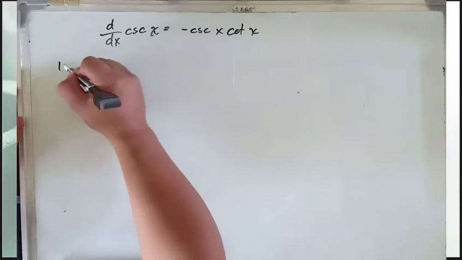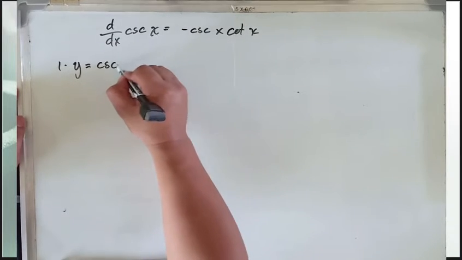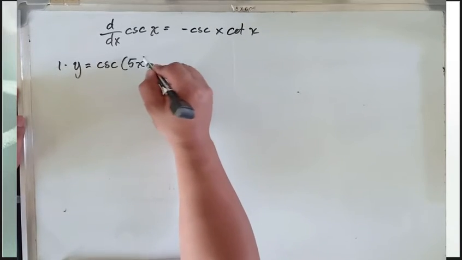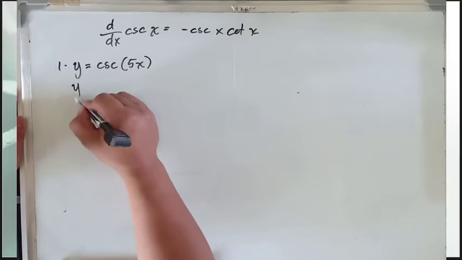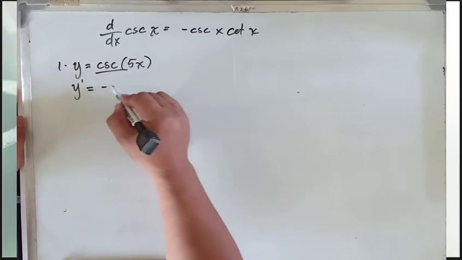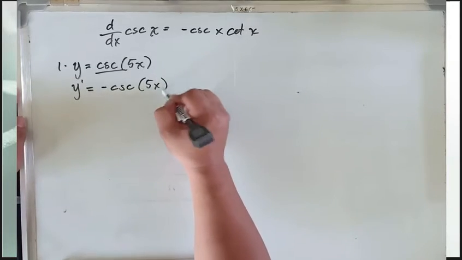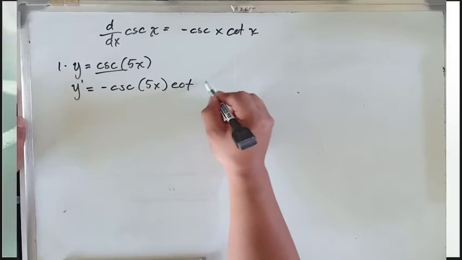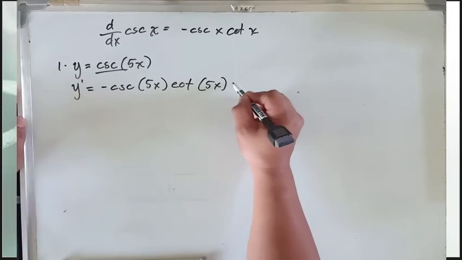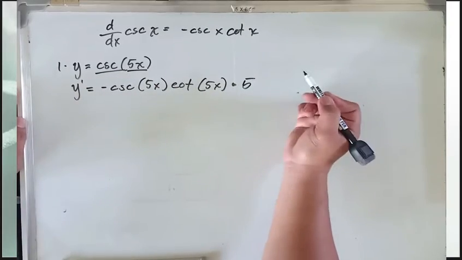Now, let's have the first example. Y is equal to cosecant of 5x. So, the derivative y prime is equal to the derivative of cosecant, which is negative cosecant of 5x cotangent of 5x times the derivative of the angle, 5.